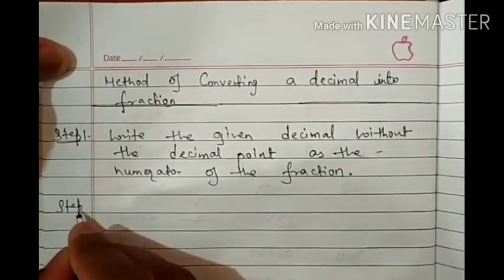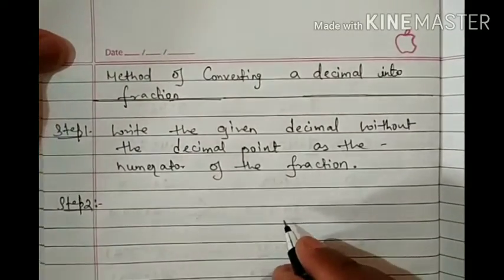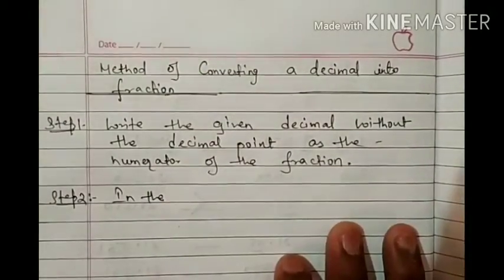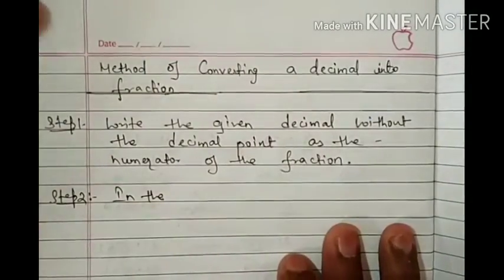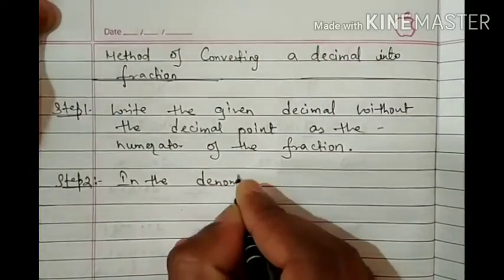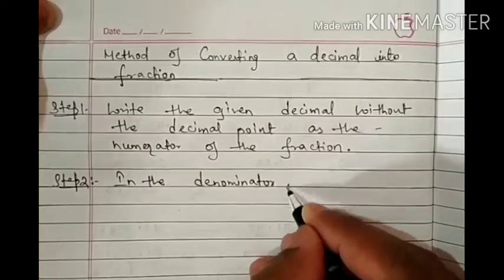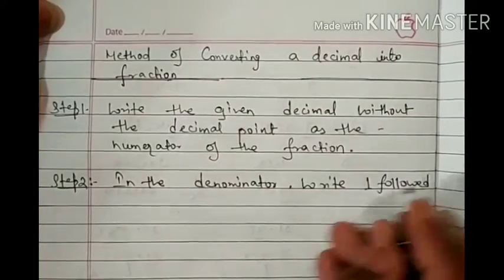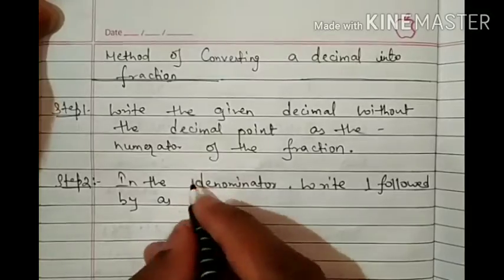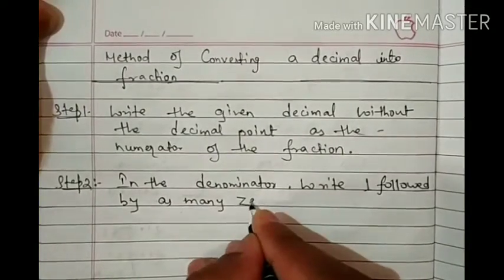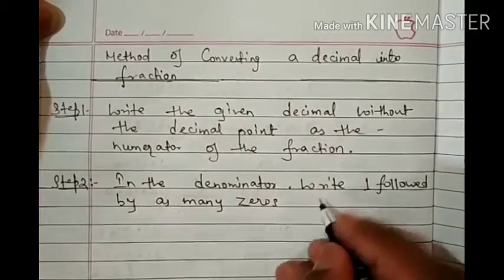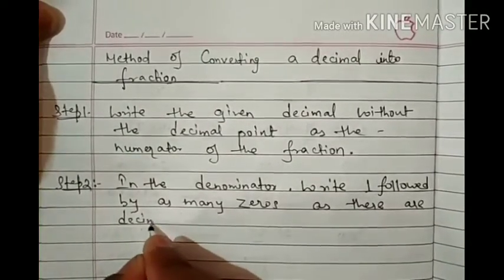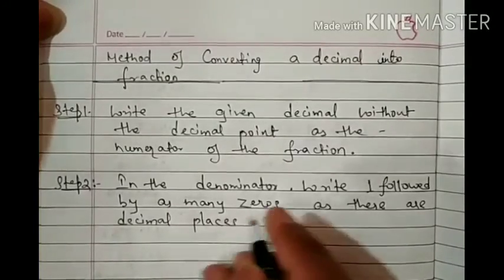Step 2: In the denominator, write 1 followed by as many zeros as there are decimal places in the given decimal.